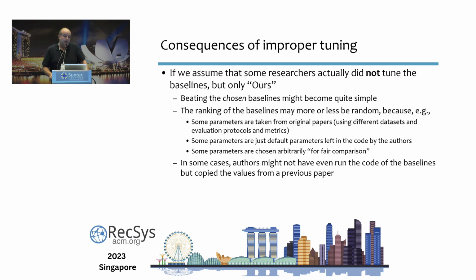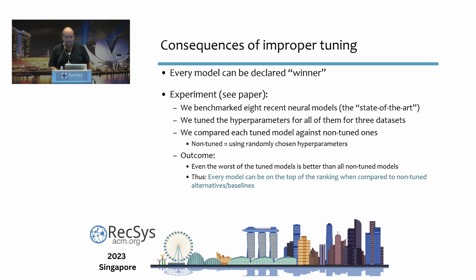And we found cases where authors might not even have run the baseline code, but just copied the numbers from previous papers, even though the evaluation procedure might be different, the pre-processing might have been different, so that's very, very worrying. And the consequence of all this is that every model can be a winner.